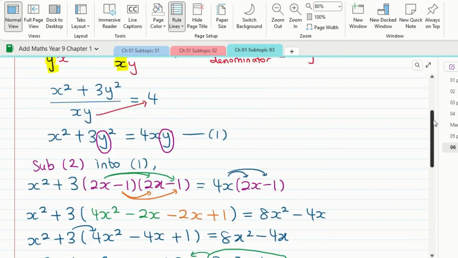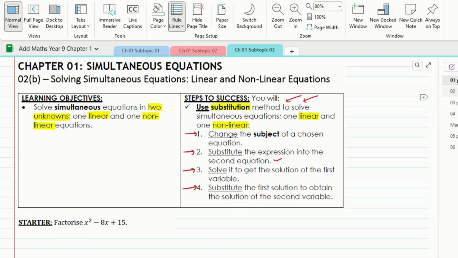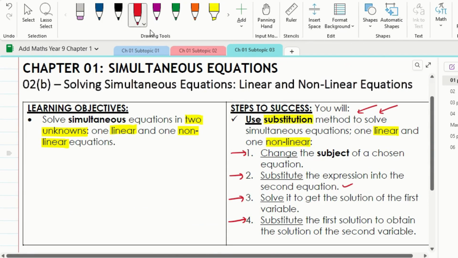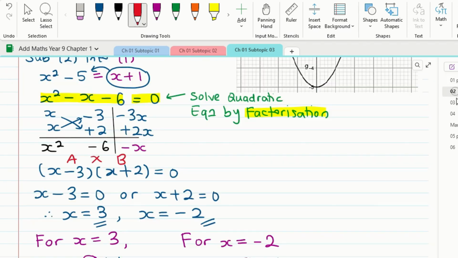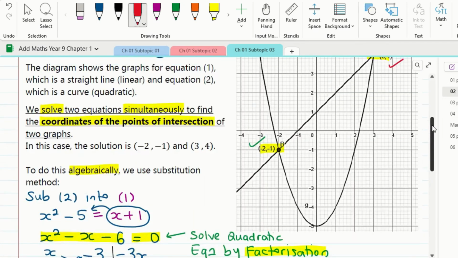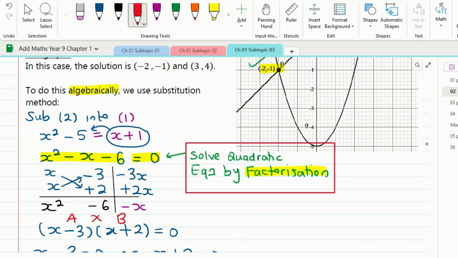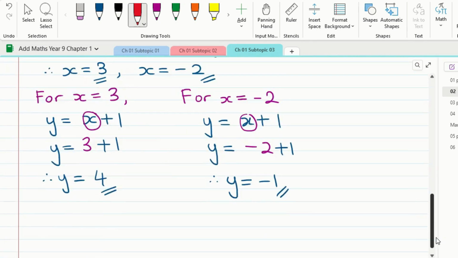Alright, so with that, just to recap, for simultaneous equation with linear and non-linear equation, one method is very useful, which is the substitution method. But also a few things that you might have learned recently is solving quadratic equation by factorization, which requires you to factorize and then you get two solutions.